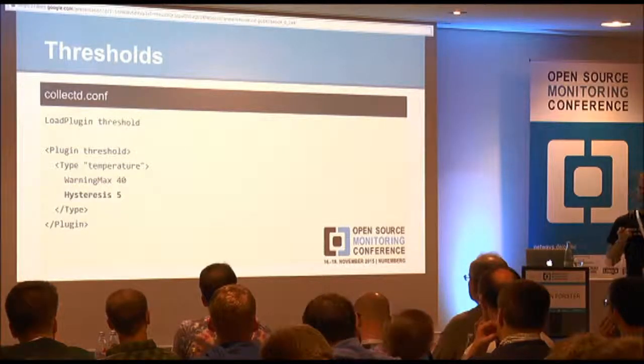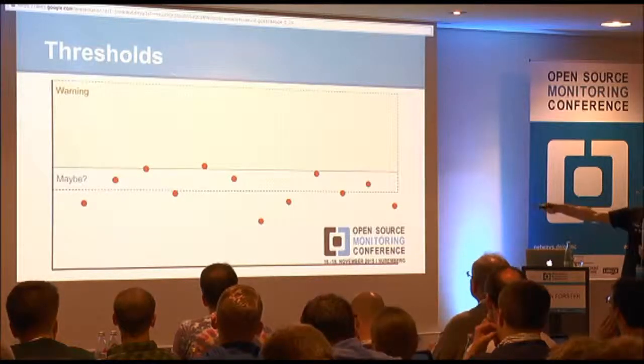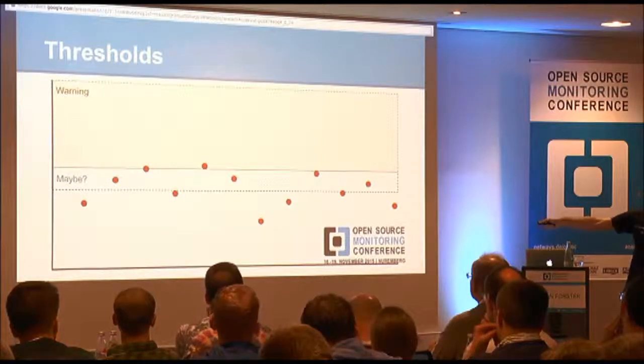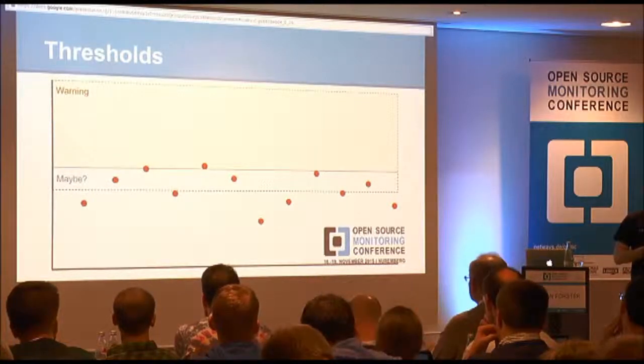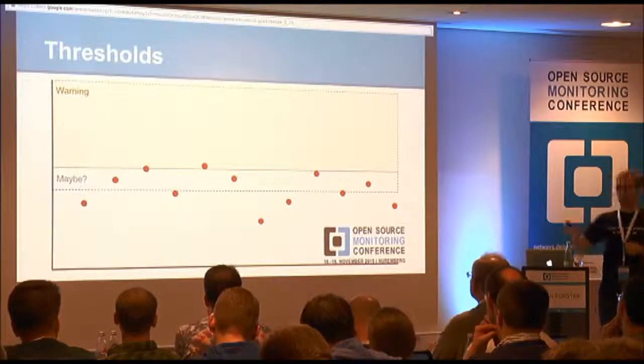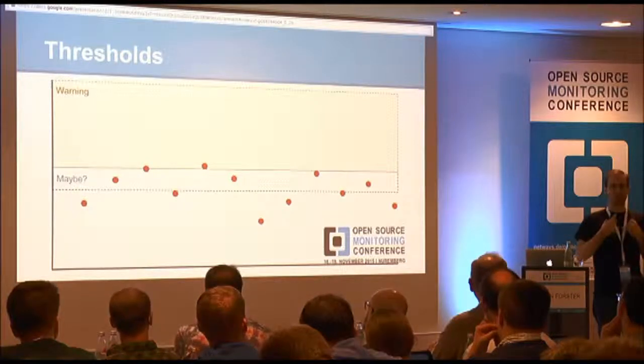What that means is you now have a warning range up here and kind of a maybe range in the middle. This maybe range behaves differently depending on the previous state.